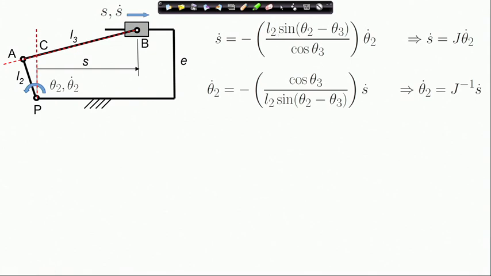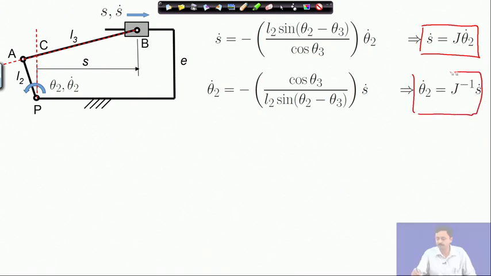So, I will write this in a compact form as I have done here. S dot is the Jacobian times theta 2 dot, and by inverting the Jacobian I can write theta 2 dot is Jacobian inverse, which is again 1 over j. Jacobian inverse, here it is a scalar. So, Jacobian inverse is 1 over j times S dot.